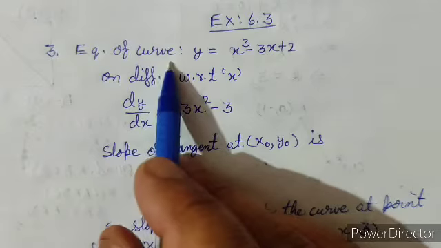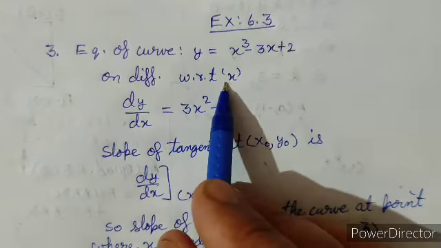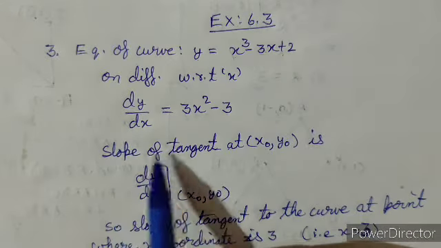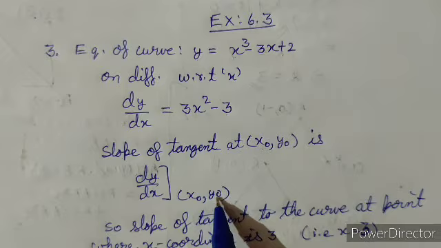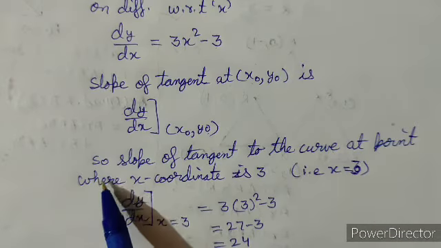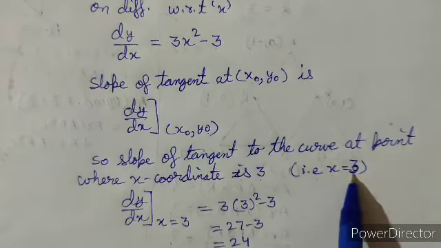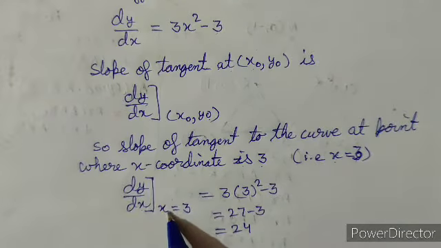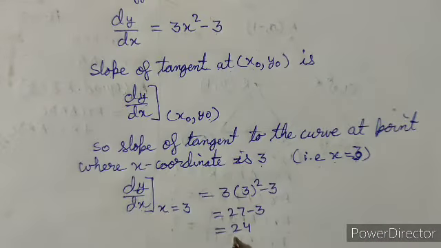Differentiating with respect to x, dy/dx = 3x^2 - 3. As the slope of the tangent at (x0, y0) is given by dy/dx, here x = 3, so the slope is 3 into 3 square minus 3, which is equal to 24.